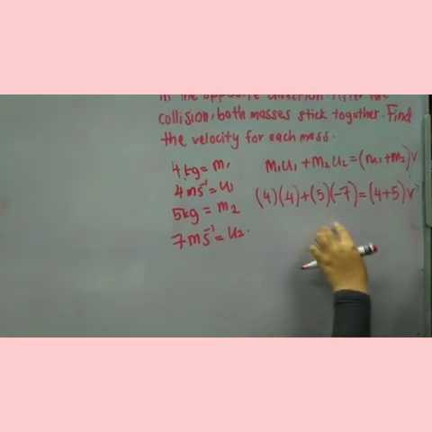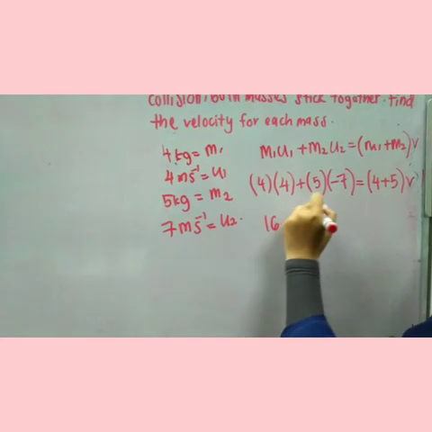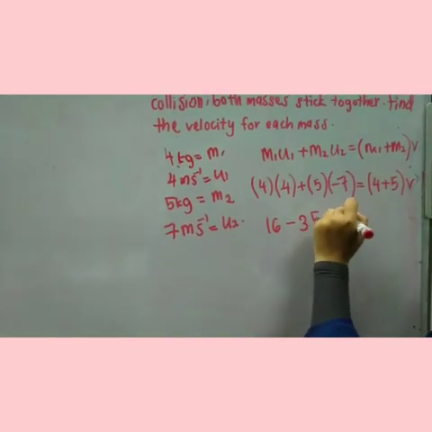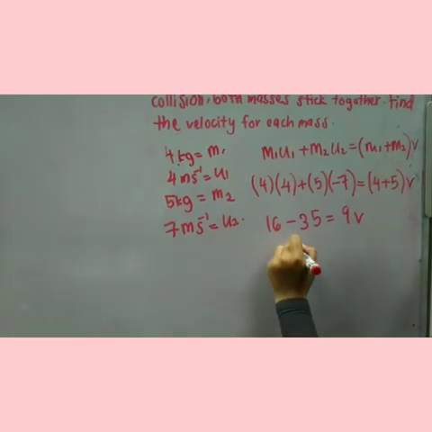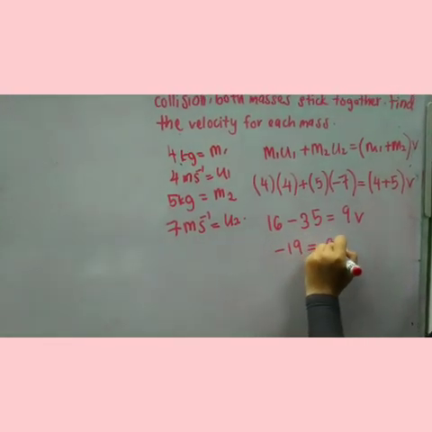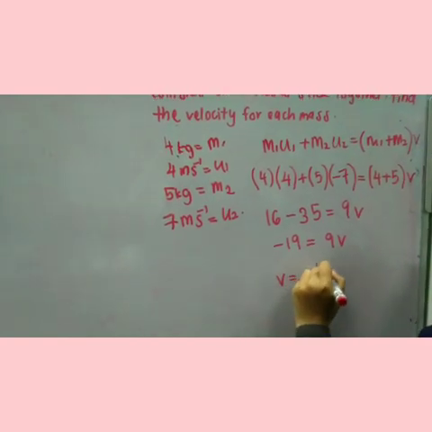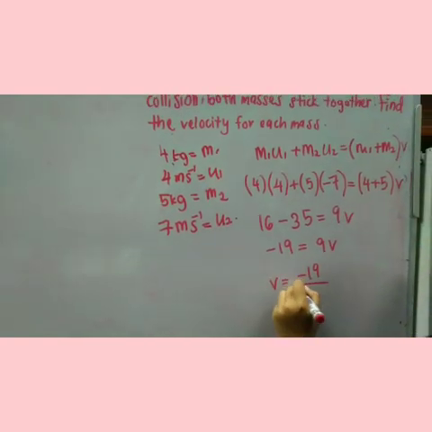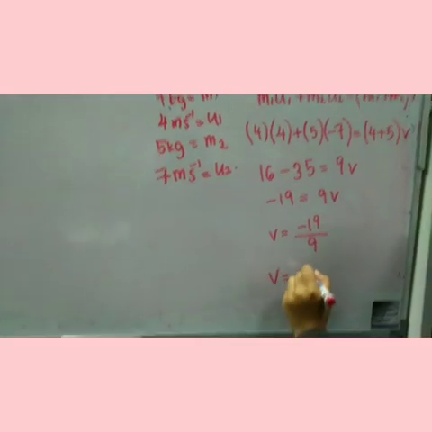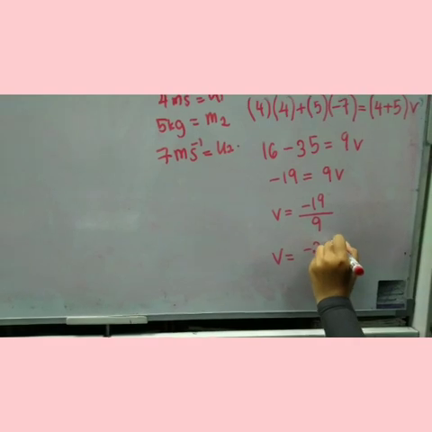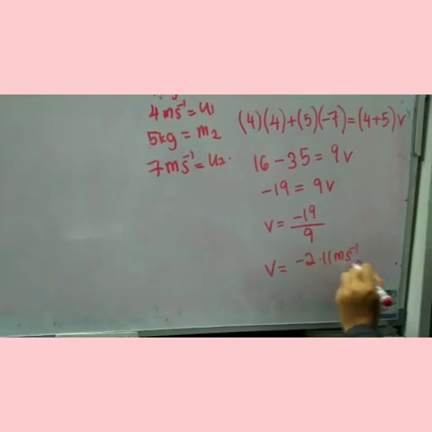After we calculate this, we get 16 minus 35 equals 9v. Negative 19 equals 9v. So the velocity is negative 19 over 9. Velocity is negative 2.1 meter per second. So this is the answer for this question.